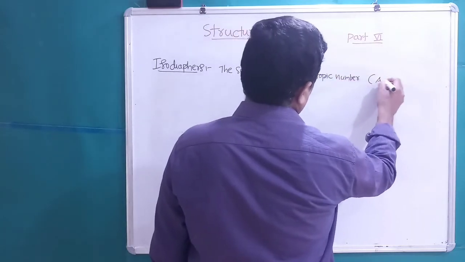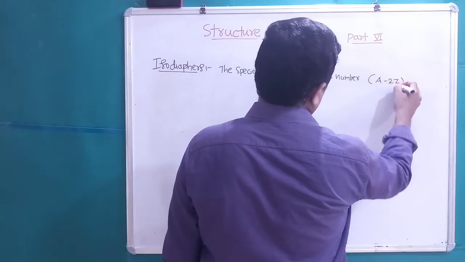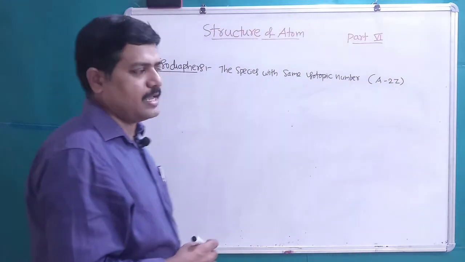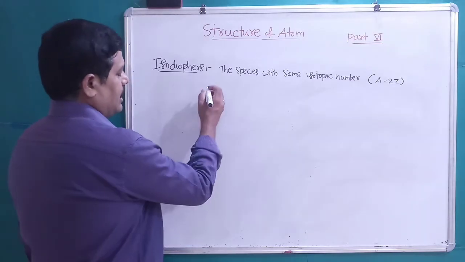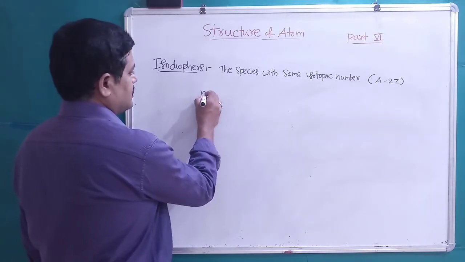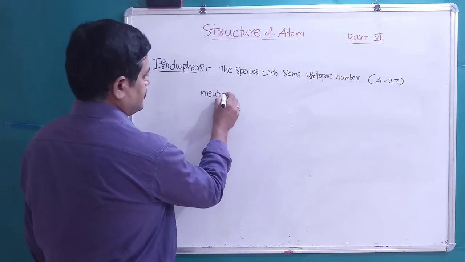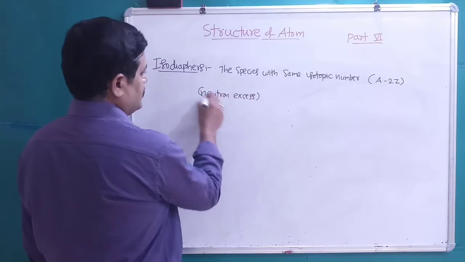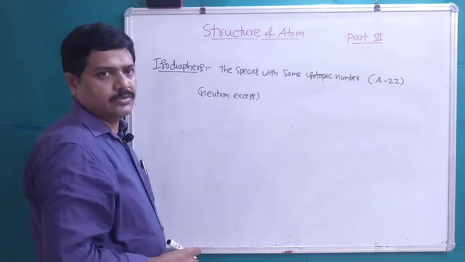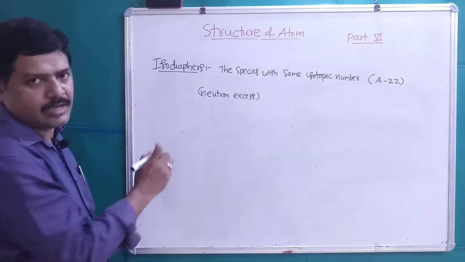Students, A - 2Z is known as the isotopic number, and this is also called the neutron excess. The neutron excess should be the same. Those species are called isodiaphers.